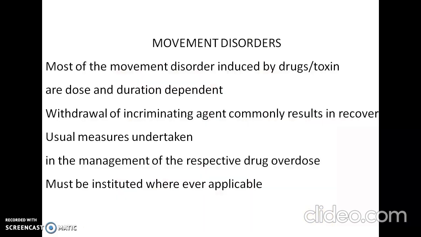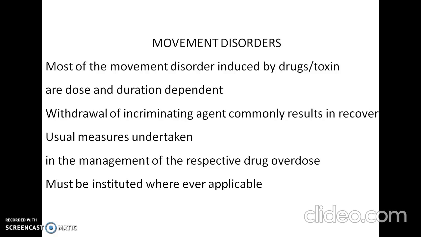Okay, coming with the conclusion of the movement disorders. Most of the movement disorders are induced by the drugs or sometimes with the overdose or with toxins also, and it depends on the duration of exposure of such agents to the body. Even many times, withdrawal of many substances can also help to recover from the situation.